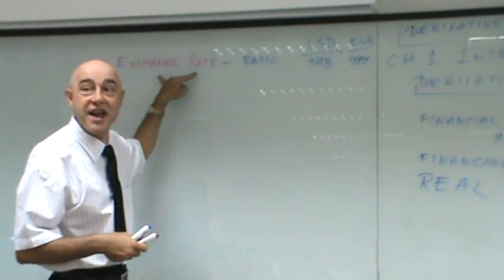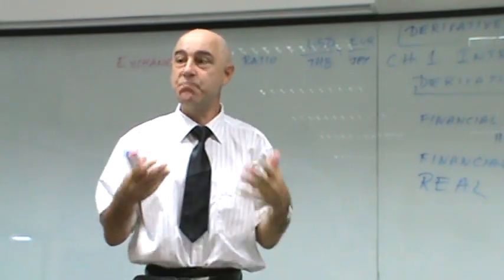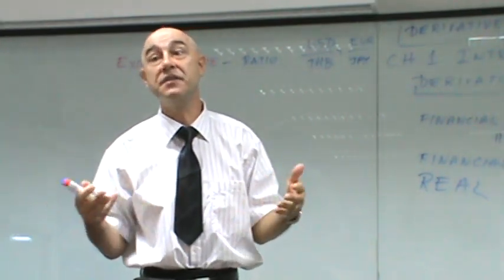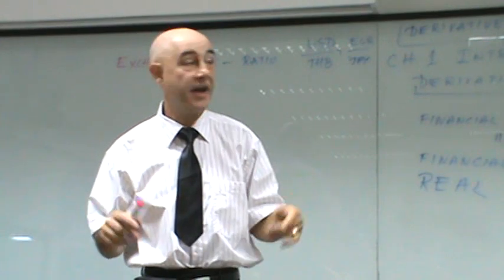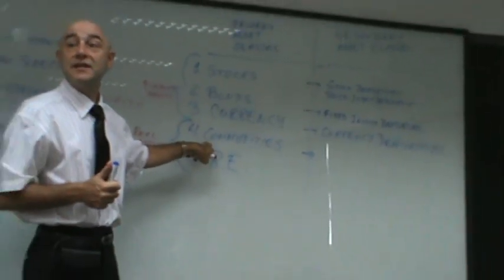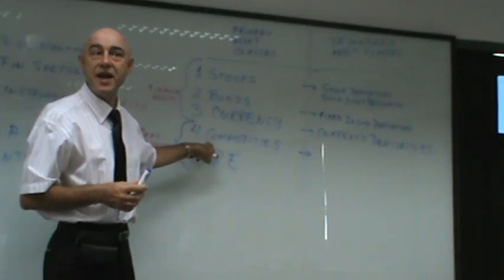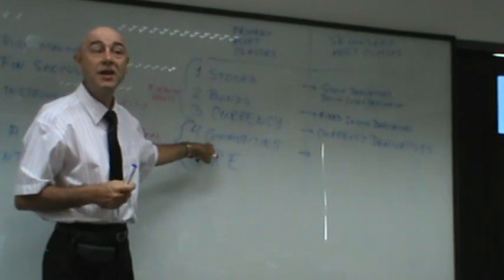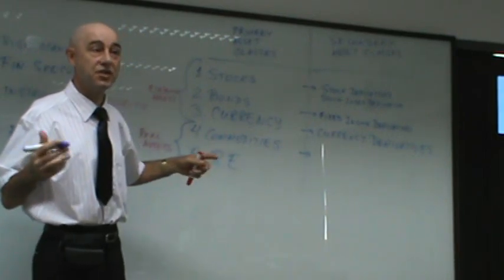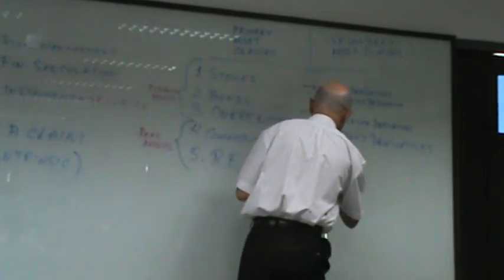And the exchange rate is one measure of the value of a currency. All right. Next one, derivatives that derive their value from commodities we call commodity derivatives.